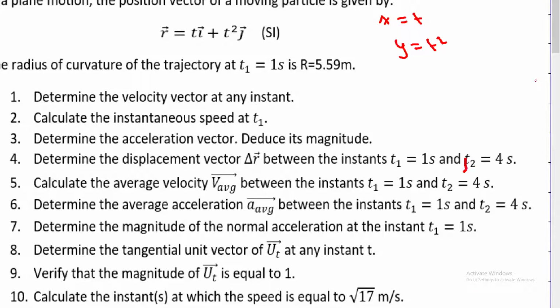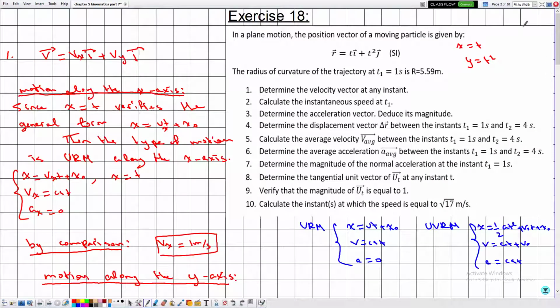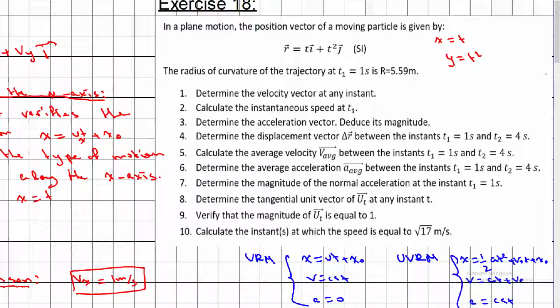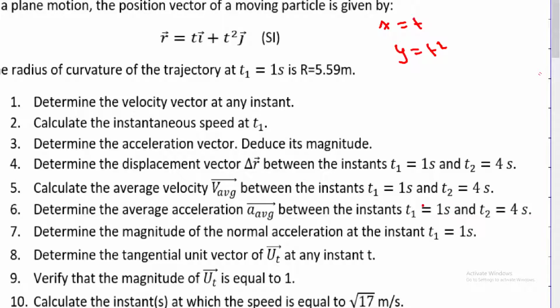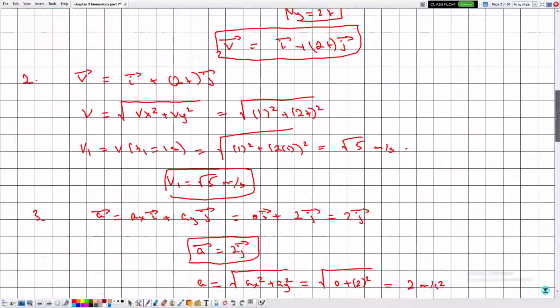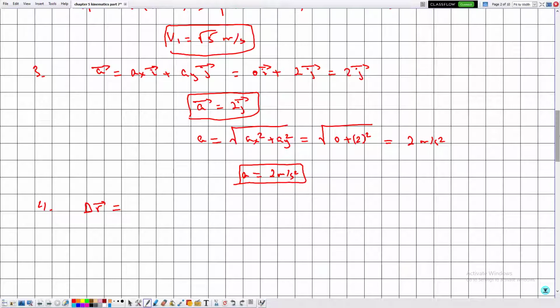The final instant is given by t2 equal to 4 seconds, and the initial instant is given by t1 equal to 1 second. Why? Because simply 4 seconds is greater than 1 and time always evolves positively. So it's r computed at the instant t2 minus r computed at the instant t1.